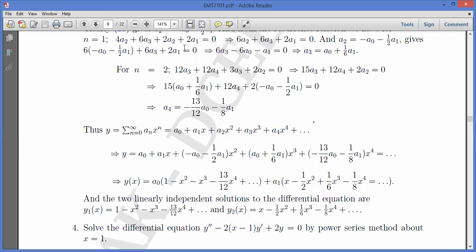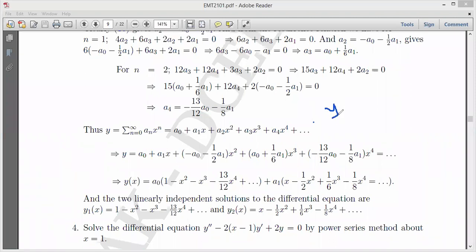Remember from engineering math 1, we said if something is of second order, you can have 2 linearly independent solutions. And the 2 linearly independent solutions would mean that your general solution will be something like C1 Y1 plus C2 Y2, where Y1 and Y2 are of course the two different linearly independent solutions.